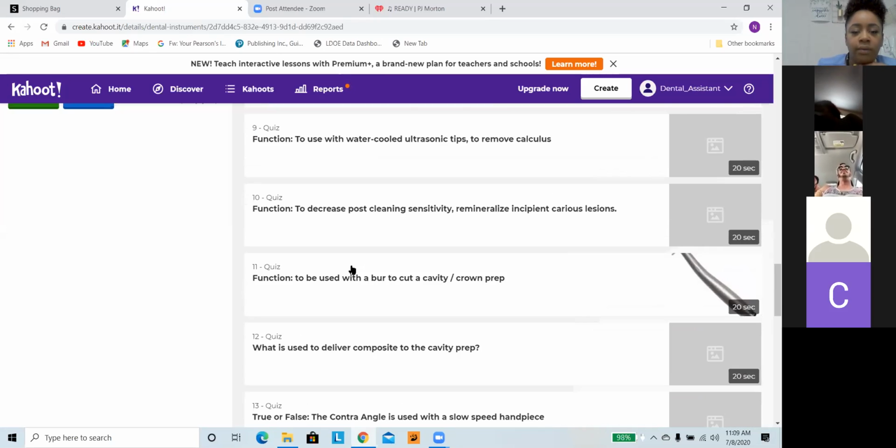All right. Our next one, this instrument is used with water. It's a cooled ultrasonic tip and it removes calculus. I know you can use a high speed handpiece for this, right? Maybe. Yes or no?